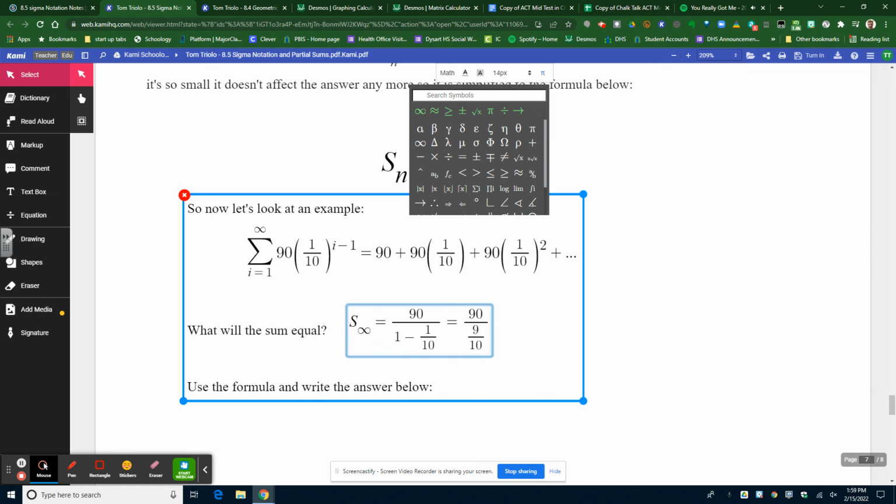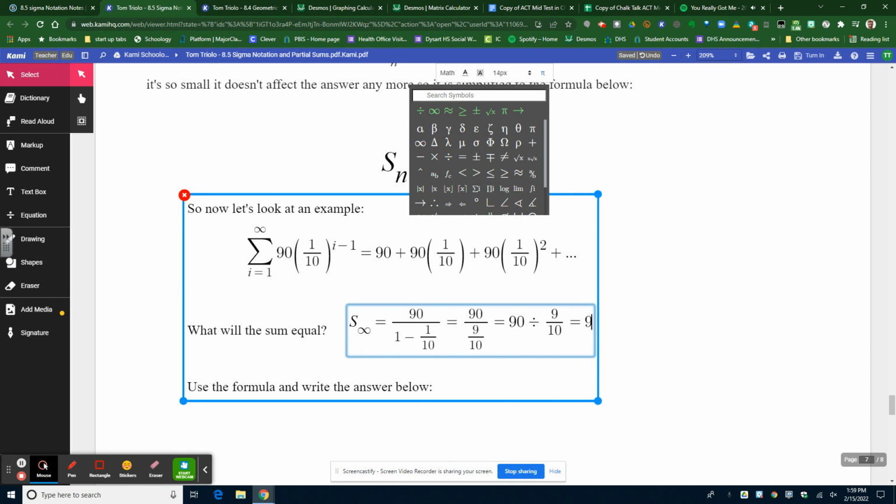And we're going to go old school and change this into 90 divided by 9/10 with old school division. Why am I changing it? What did you learn way back in elementary school? You can change division into multiplication and flip the second number because it's a reciprocal. Because division is really the inverse of multiplication.